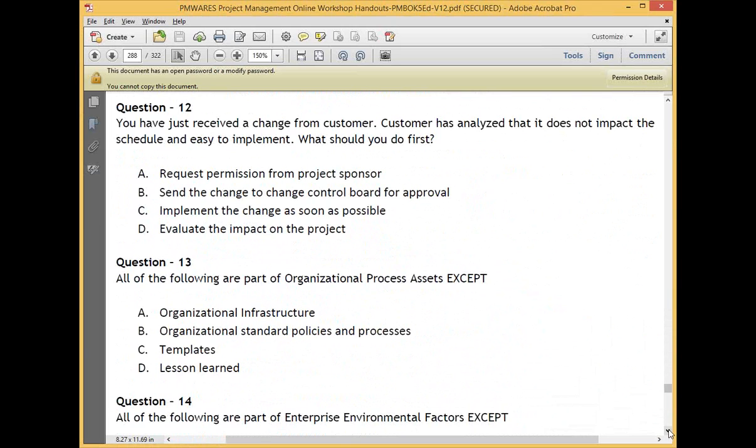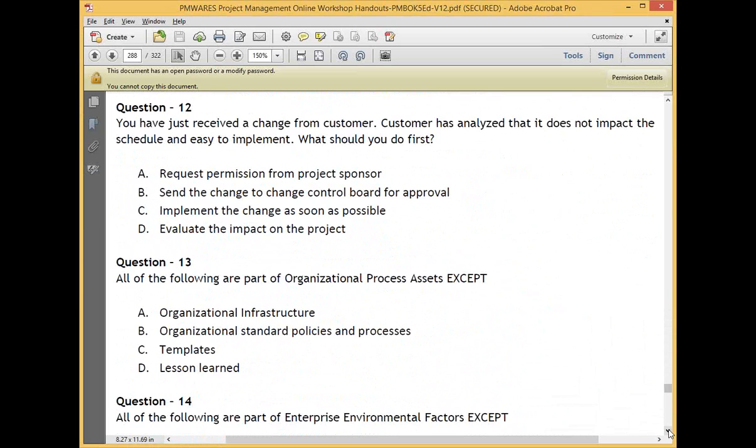C, D, D, D. Okay. We have just received a change from the customer. The customer has analyzed that it does not impact the schedule. The options are different actually. Okay. What should you do first?